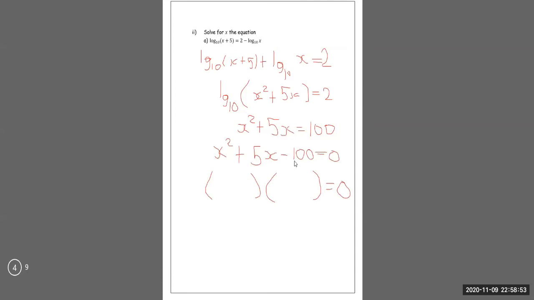All right. So anytime we're having difficulty in solving these equations, just go straight to the quadratic formula.